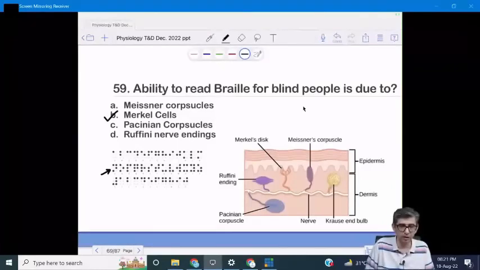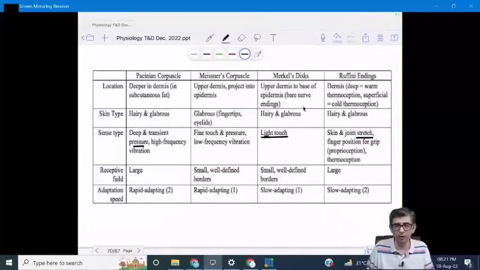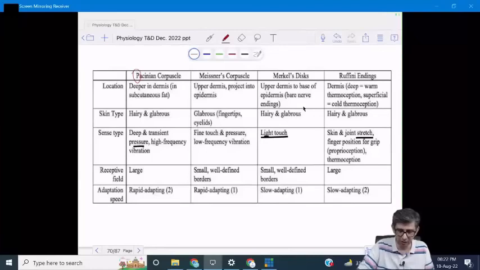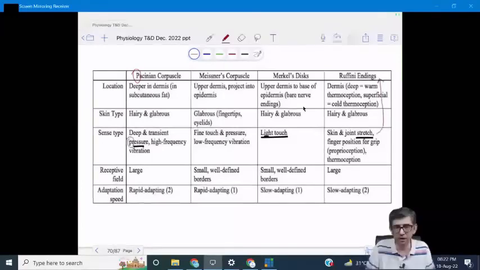Ruffini nerve endings, as I explained, is mainly for stretching of the skin. तो total मिला के आपको देखो पैक्सिनियन कॉप्सिकल में तो कोई गलती करता नहीं है because it's related to pressure, so unlikely. Stretching of the skin, again people are able to remember Ruffini nerve endings. So most of the questions that come in the exam are mainly with respect to Meissner's corpuscles and Merkel's disc.